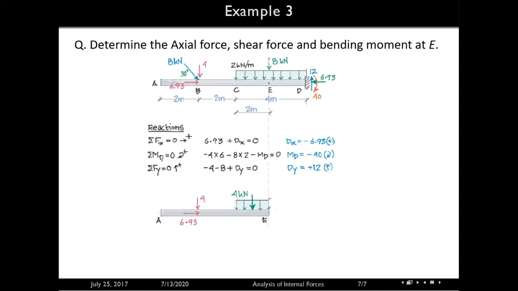And at last, as we are asked to determine the axial force, shear force and bending moment at E, like the previous examples, we have to take a section.